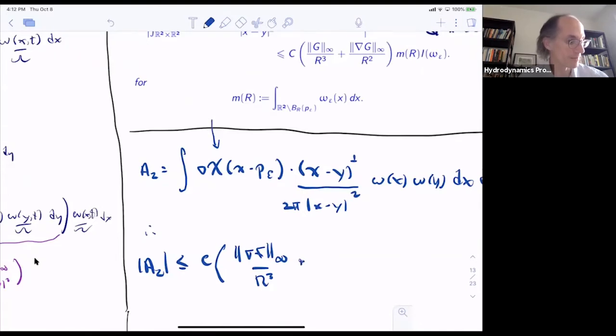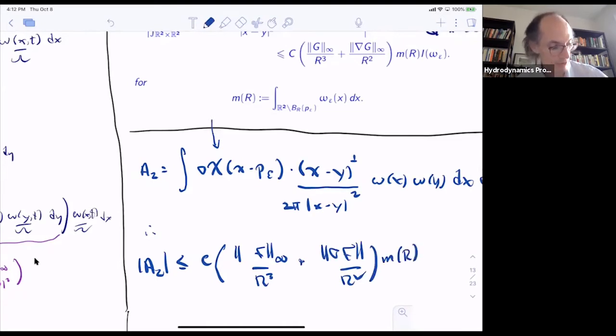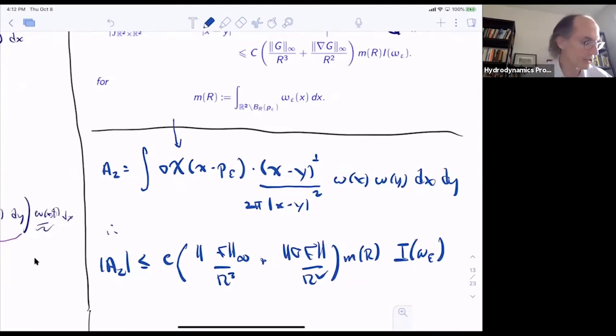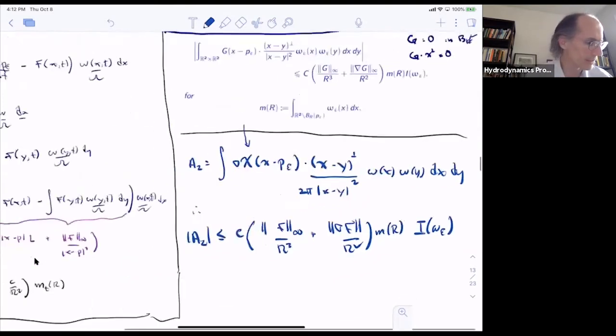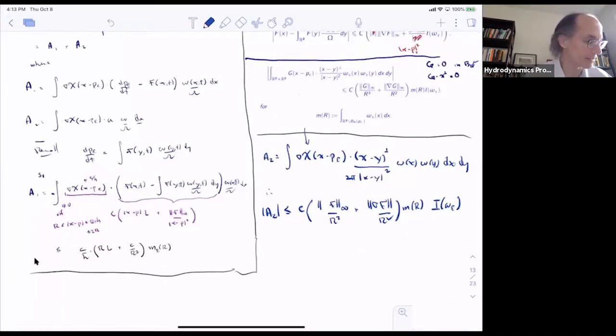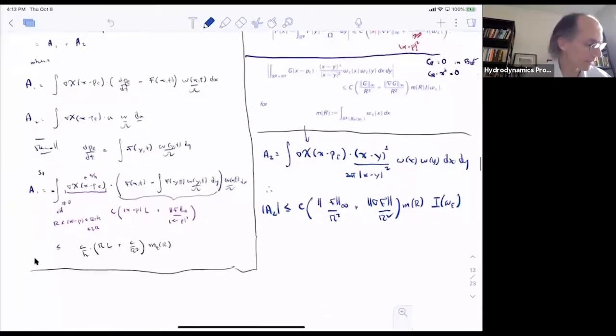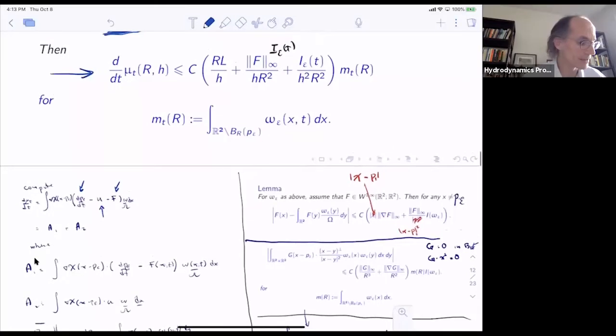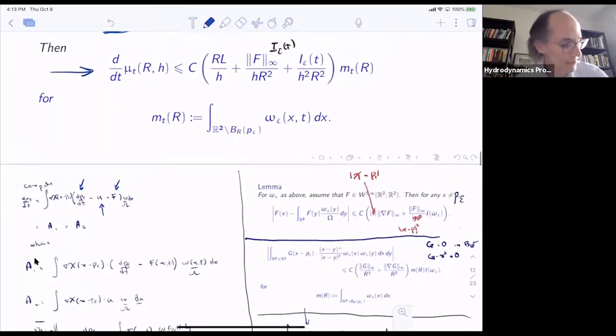Not much point, really. And so here M of R is the vorticity outside the ball of radius R around the center of mass, and this I of omega is the second moment, which for us is always going to be small, like one over epsilon squared. Okay, and so then we should simply obtain the conclusion of the lemma by combining these estimates. And so, right, everything we see involves this.